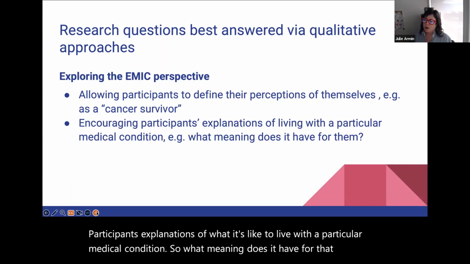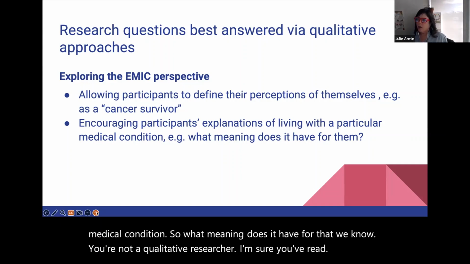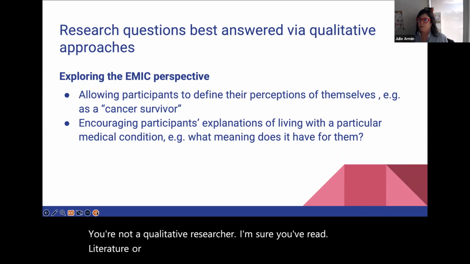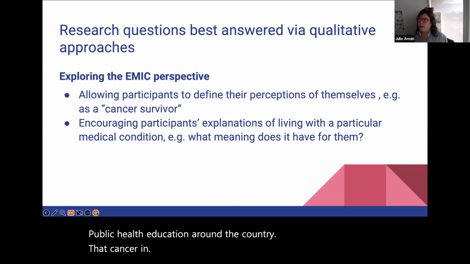Even if you're not a qualitative researcher, I'm sure you've read literature or been exposed to a lot of public health education around cancer, and this idea that cancer in particular is a life-changing event.